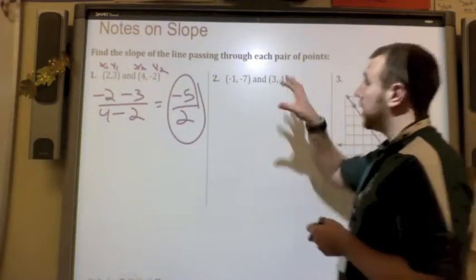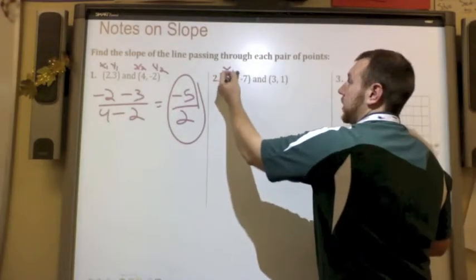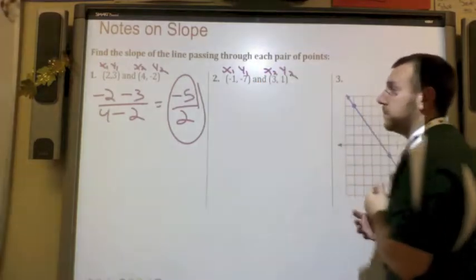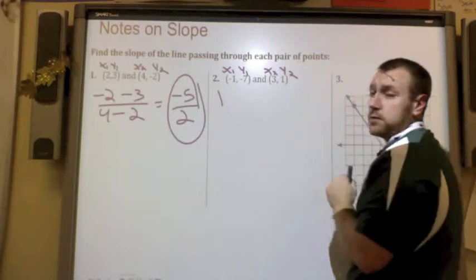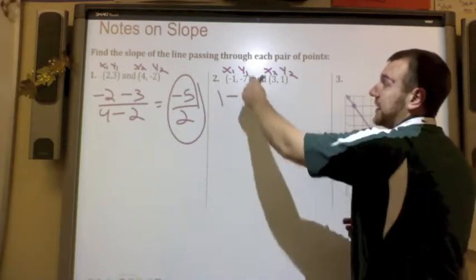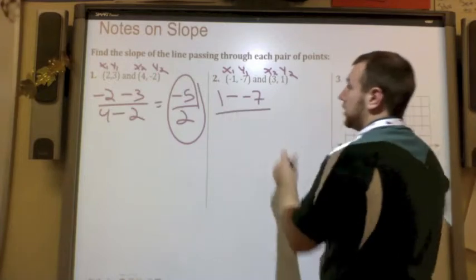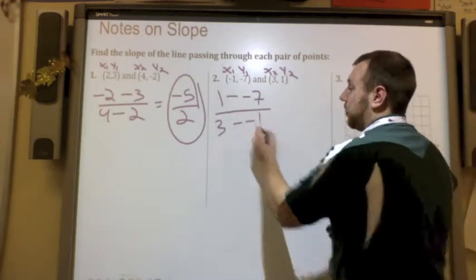Okay. Here I'm going to do the same thing. x1, y1, x2, y2. But what I have to remember is it's going to be 1 minus, now y1 is negative 7, 3 minus negative 1.